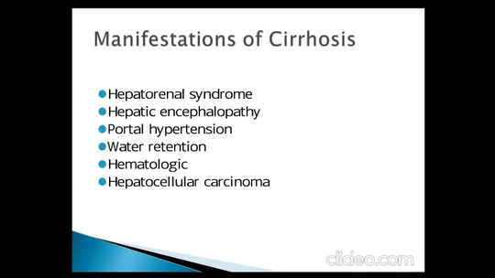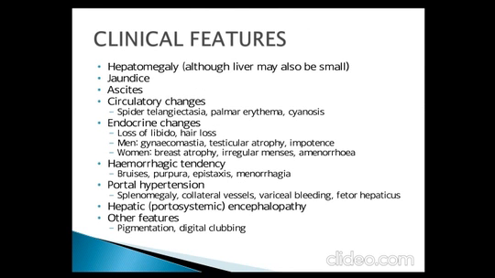Clinical features. As I already told: ascites, circulatory changes, hepatomegaly, spider telangiectasia, palmar erythema, cyanosis, gynecomastia, an important finding here. The patient has reduced libido, testicular atrophy, impotence. In cases of women, there is breast atrophy.